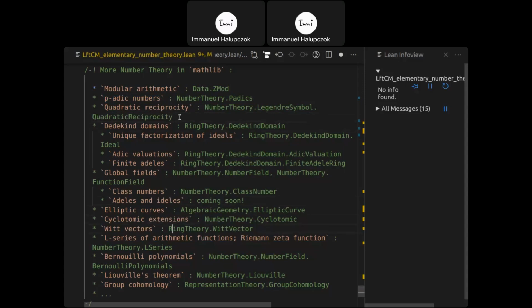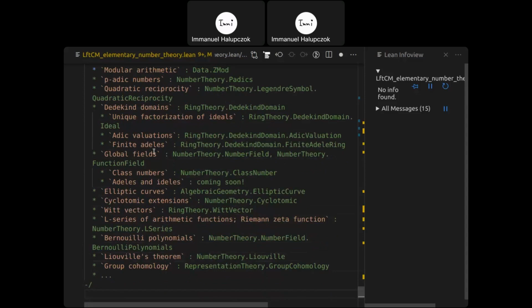We have quite a developed theory of Dedekind domains. So we have the fact that you can factorize ideals uniquely in Dedekind domains. And we can also construct the adic valuation relative to a maximal ideal in a Dedekind domain. And we can even construct the ring of finite adeles for a Dedekind domain.